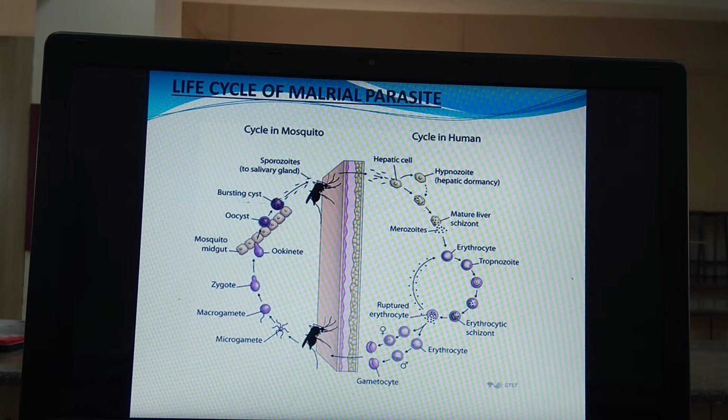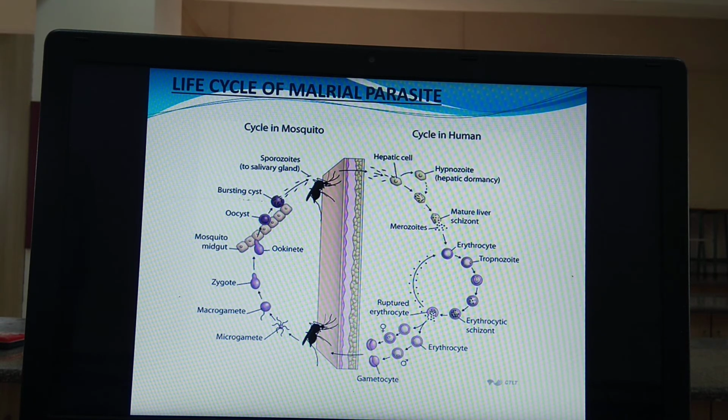See, in the previous lecture we have studied about malaria, which is caused by a malarial parasite called Plasmodium vivax. So Plasmodium vivax is the pathogen for malaria and it is transmitted through the female Anopheles mosquito to the human being. So the life cycle of the malarial parasite includes two hosts.